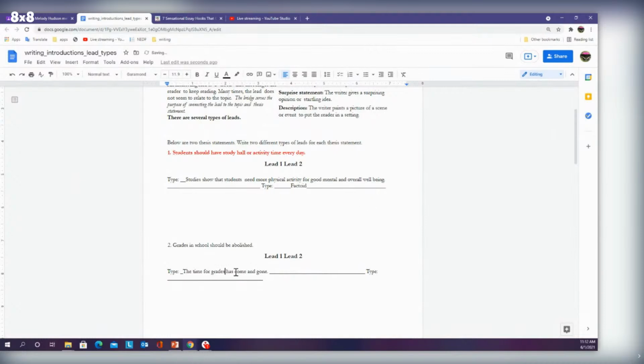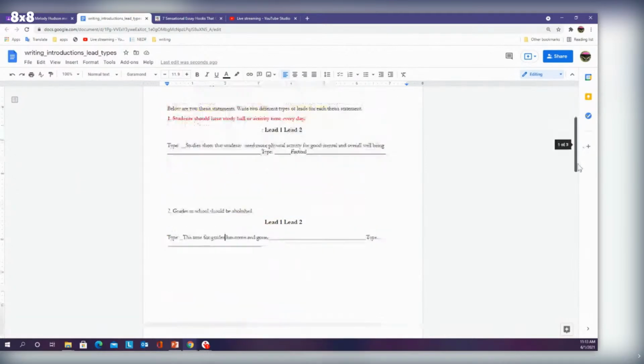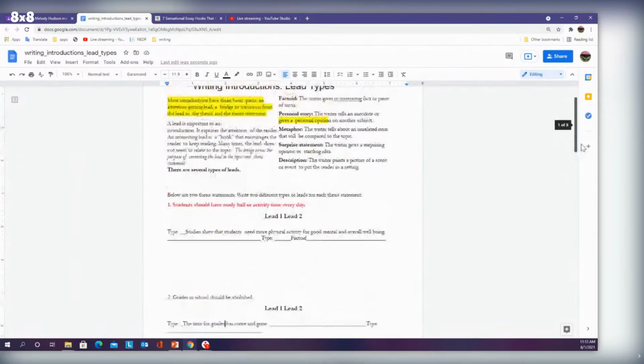Why? Okay, so is this a description? No. Factoid, surprise statement or startling idea, description, metaphor. What is that? Is it a startling idea?